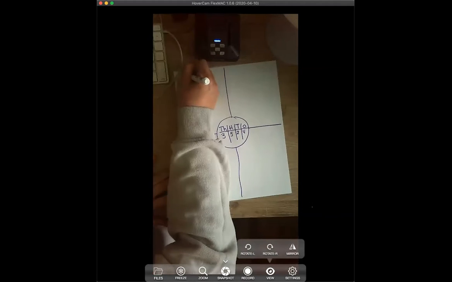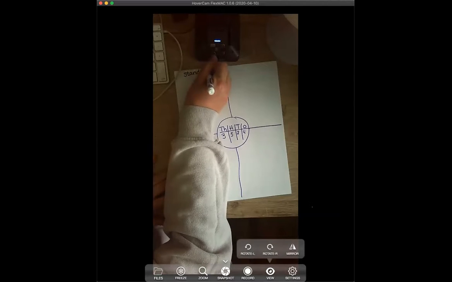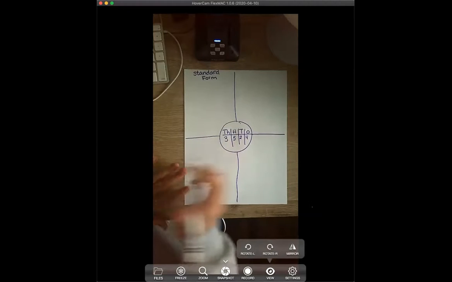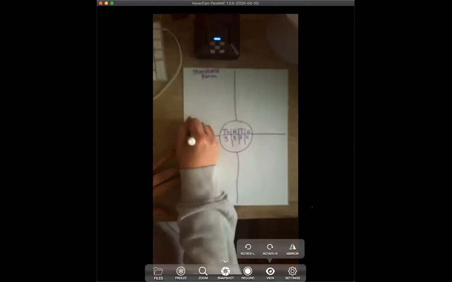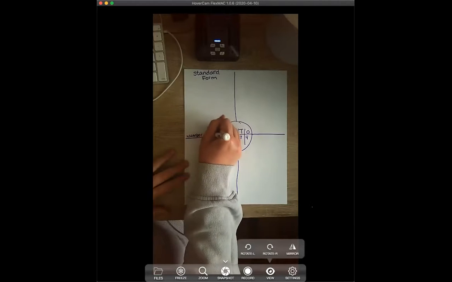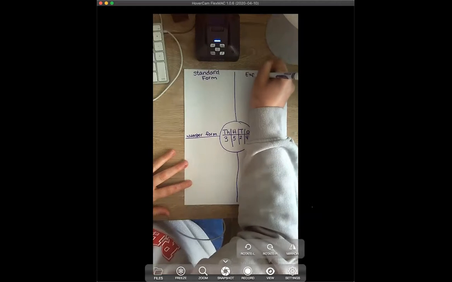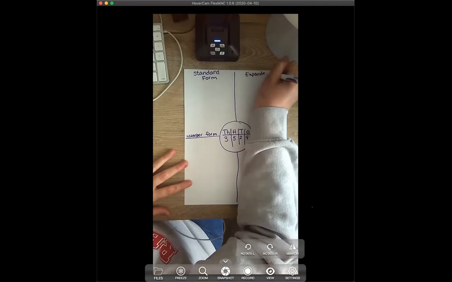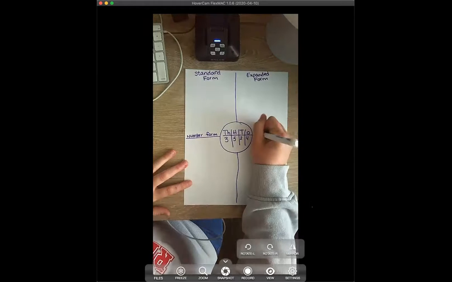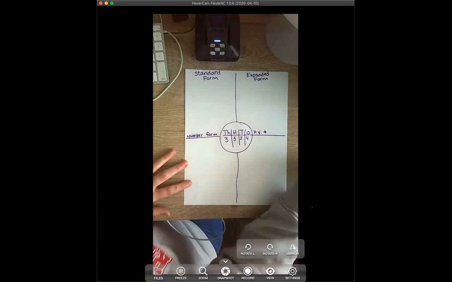They have to write it in standard form. Standard form basically means number form. They have to write it in expanded form, which is the place value addition problems.